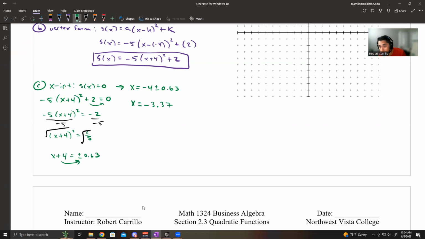Just double check that here. Yep. And then -4 minus 0.63, -4.63. Here's my x-intercepts, ugly as can be, but it works out.